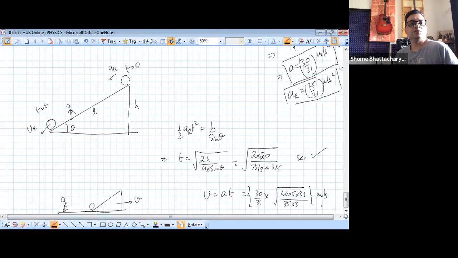This will be the speed in meters per second. Now I'll show you another approach we can take in this question, which is the work energy approach. But still we will have to calculate the acceleration eventually. So we will see how to make use of that.